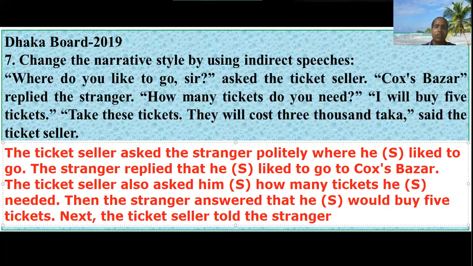Dear students, you should remember that if the sentence begins with a principal verb, you have to say to. If the sentence begins with let, you have to say that. So you have to say to according to the rules of imperative sentence. To take.